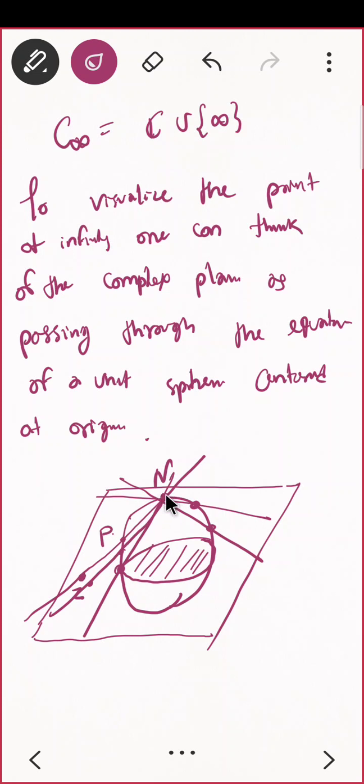So actually that north pole maps to infinity. This is what we want to say.